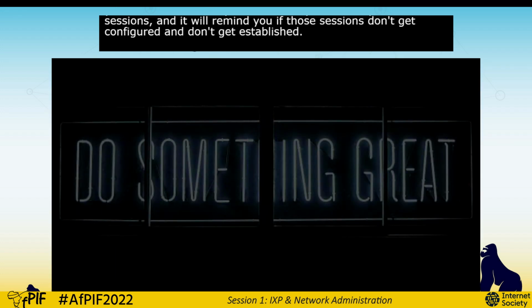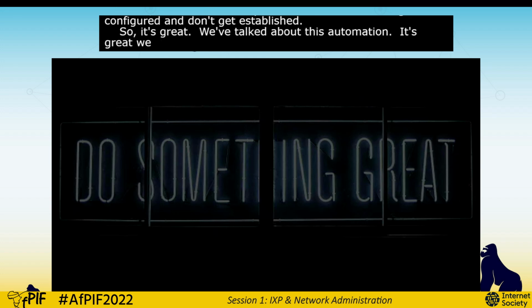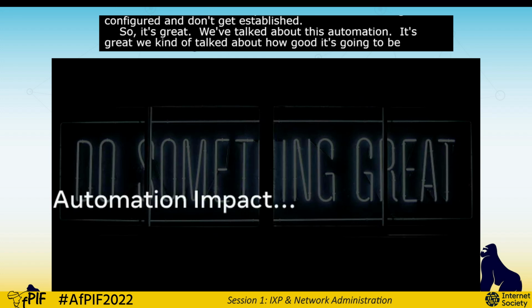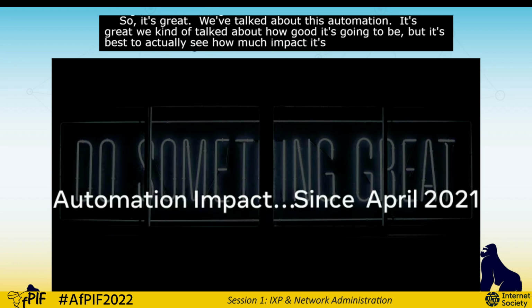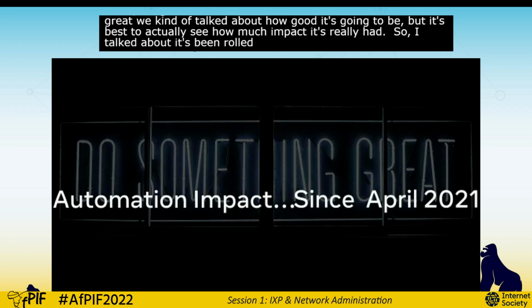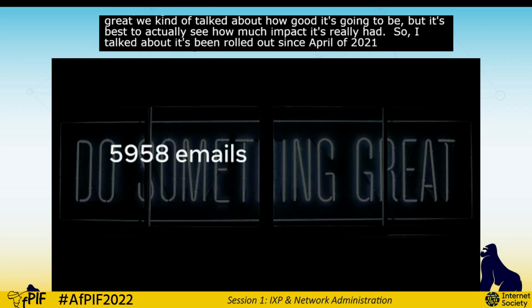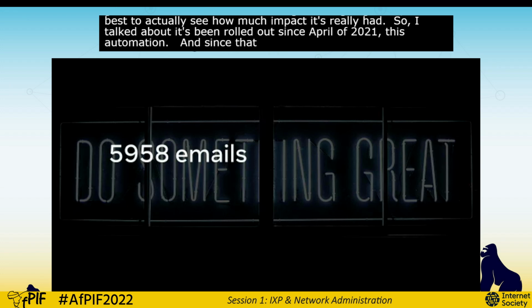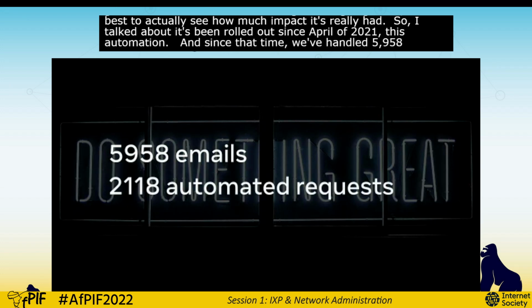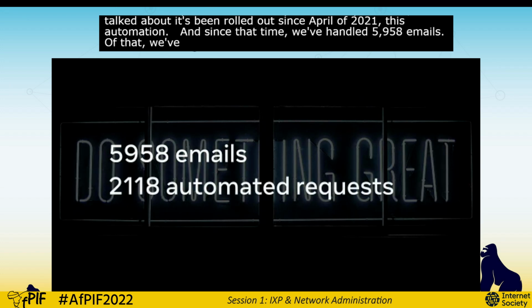So it's great we've talked about this automation. It's great we've talked about how good it's going to be, but actually let's see how much impact it's really had. I talked about it's been rolled out since April 2021, this automation. And since that time, we've handled 5,958 emails. Of that, we've had 2,118 automated requests through the tool.